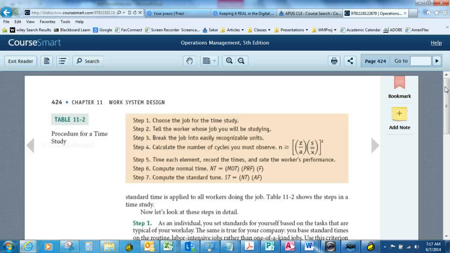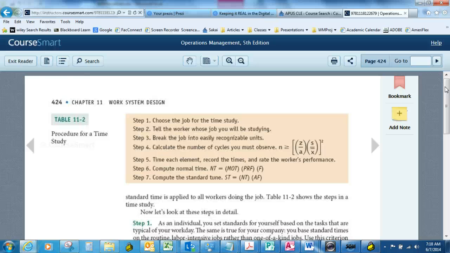You're trying to find out the sample size that you would need in order to do a study of a particular job. A time study is how many instances of a particular job you would need to look at in order to study it thoroughly, and how many repetitions you would need to collect enough data on a position.